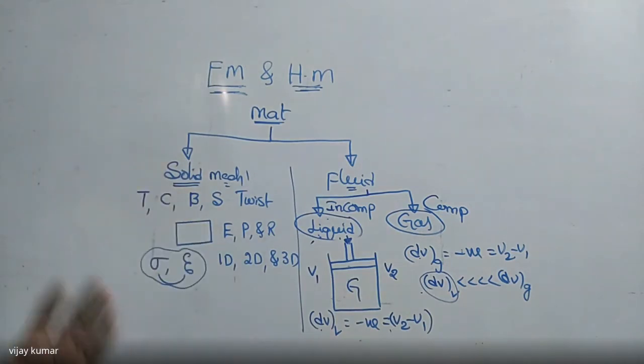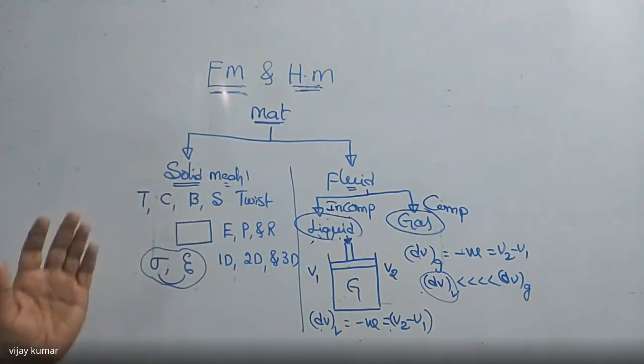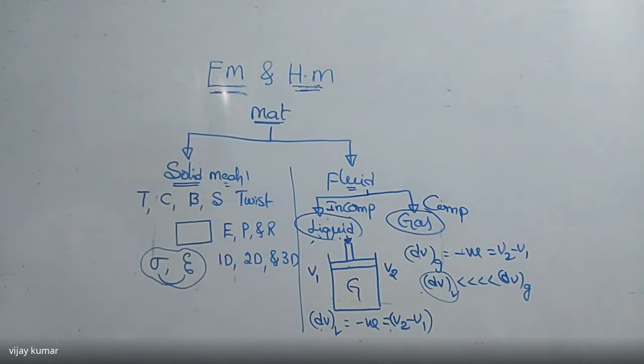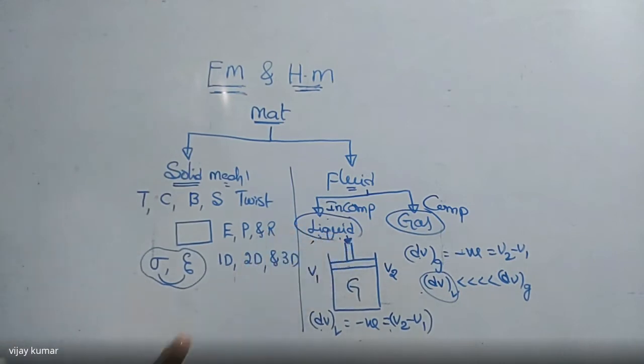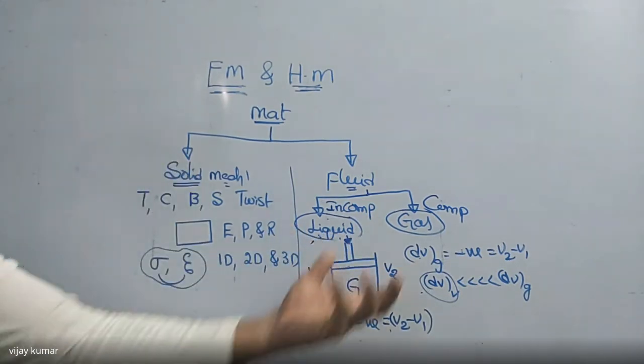But practically both are compressed. That means liquid also has compressibility and gas also has compressibility. We can find the compressibility of liquids and the compressibility of gases. So in fluid mechanics, we are going to deal with the analysis of incompressible fluid and the analysis of compressible fluid.